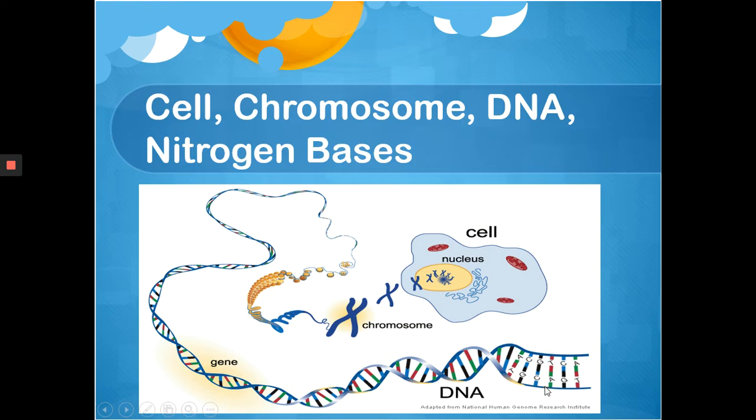A codon is a section of 3 base pairs, and that makes a particular amino acid. And if you remember, proteins are huge chains of amino acids. So the sequence of these base pairs determines what amino acid gets made, and ultimately what protein gets made, and that protein determines the particular gene.